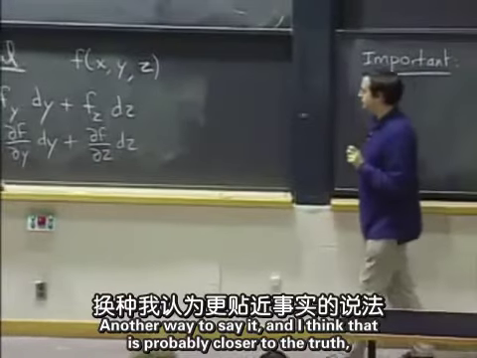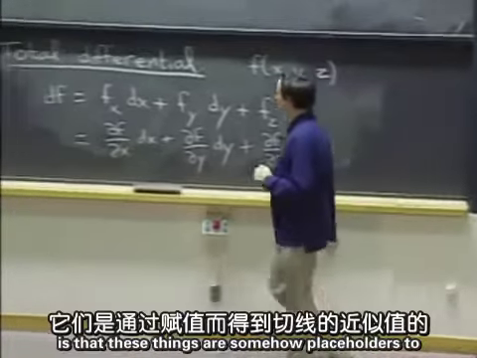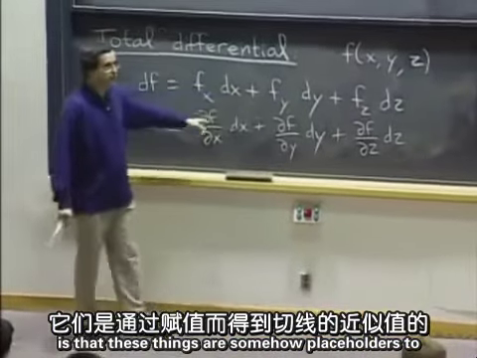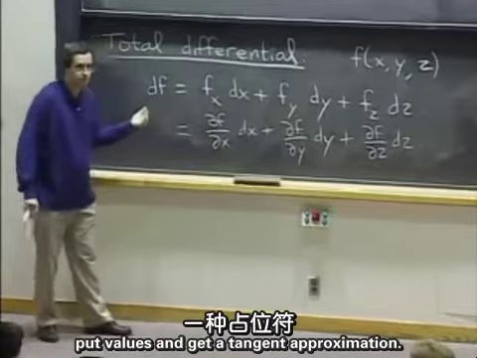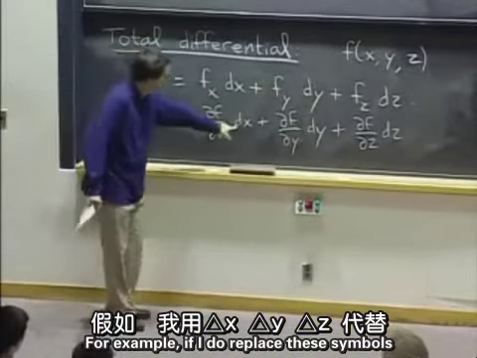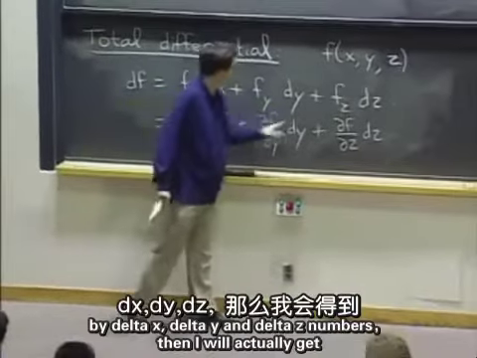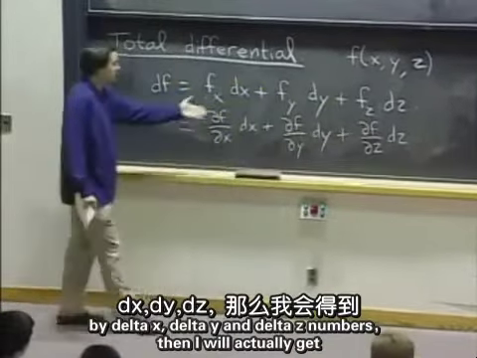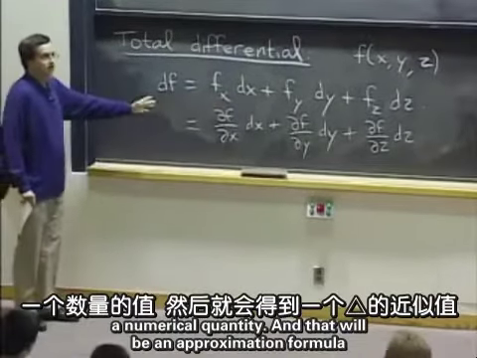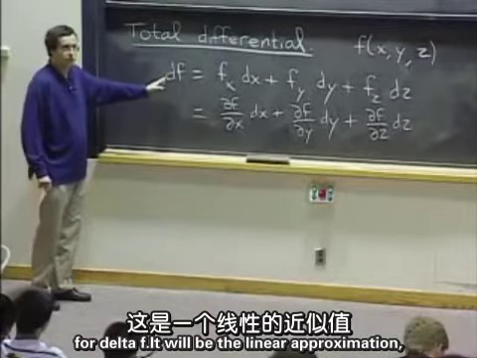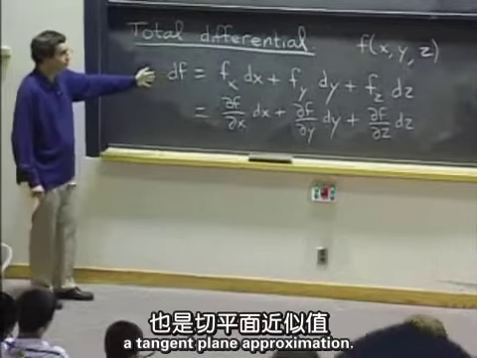Another way to say it, and I think that's probably closer to the truth, is that these things are placeholders to put values and get a tangent approximation. So, for example, if I replace these symbols by delta x, delta y, and delta z numbers, then I will get a numerical quantity, and that will be an approximation formula for delta f. It will be the linear approximation or the tangent plane approximation.